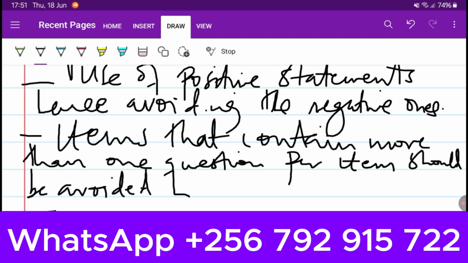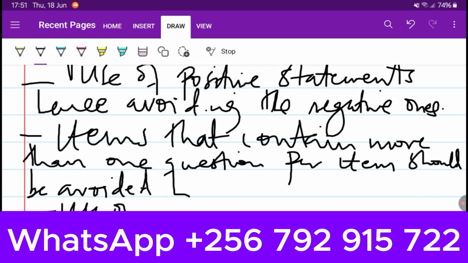Then the other is the use of only one aspect of the construct you are interested in per item.